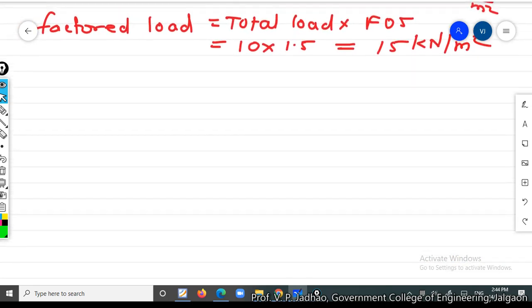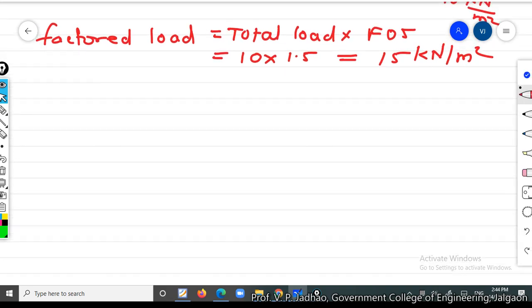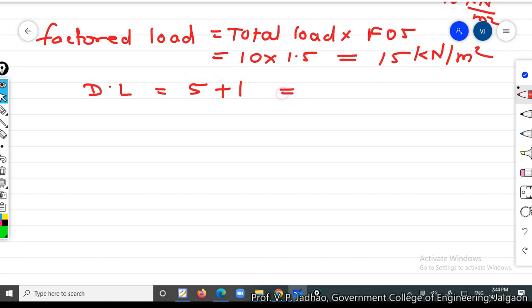This is the factored load. Now the dead load is equal to the weight of slab, that is 5 kilonewton per meter square, plus the weight of floor finish, 1 kilonewton per meter square.